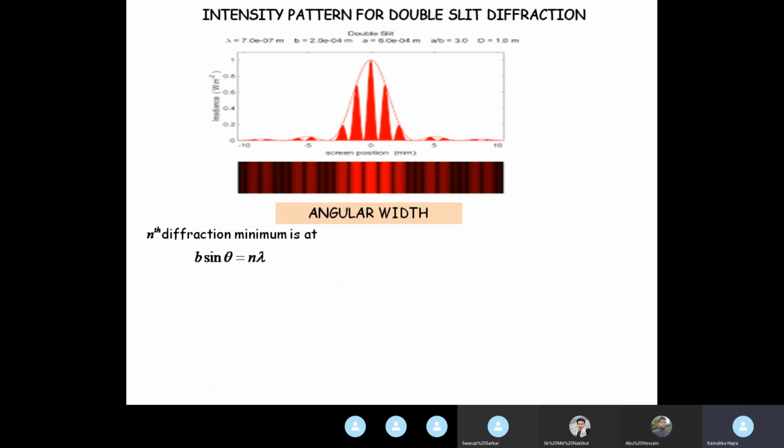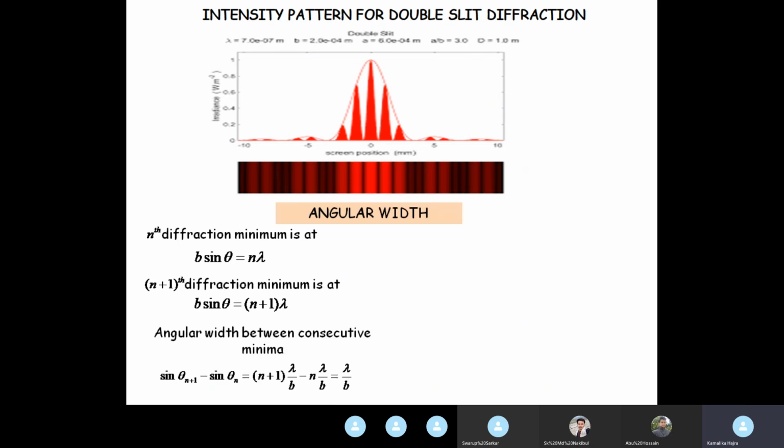So we saw that nth diffraction minimum is formed at b sine theta equal to n lambda, and therefore n plus 1th diffraction, immediately next diffraction minimum, will be formed at b sine theta equal to n plus 1 lambda, so that the angular width between the consecutive minima is sine theta n plus 1 minus sine theta n, which is given by lambda by b.